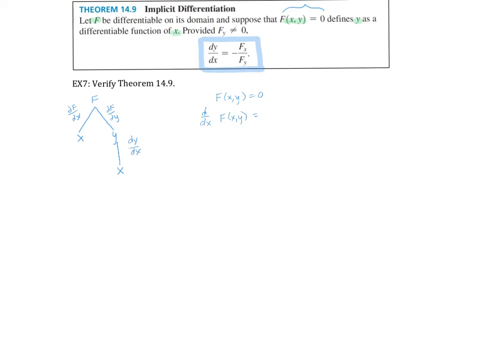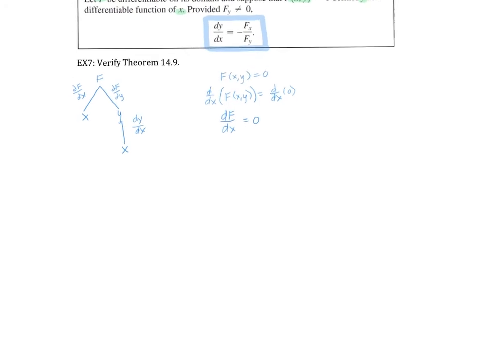So I'm going to take the derivative on both sides. So the derivative with respect to x of our function f, well, that's simply the derivative of f with respect to x. And then the derivative of 0 is 0. Okay, I'm going to stop there.